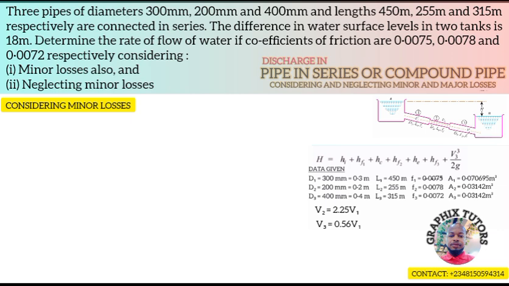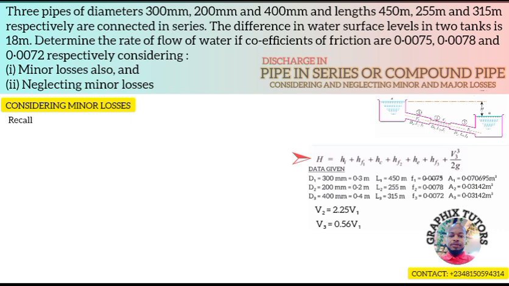So recall what we have from equation 1 above. If you look at it closely, we see that the difference in the liquid surface level is equal to the sum of the various head losses in the pipe.